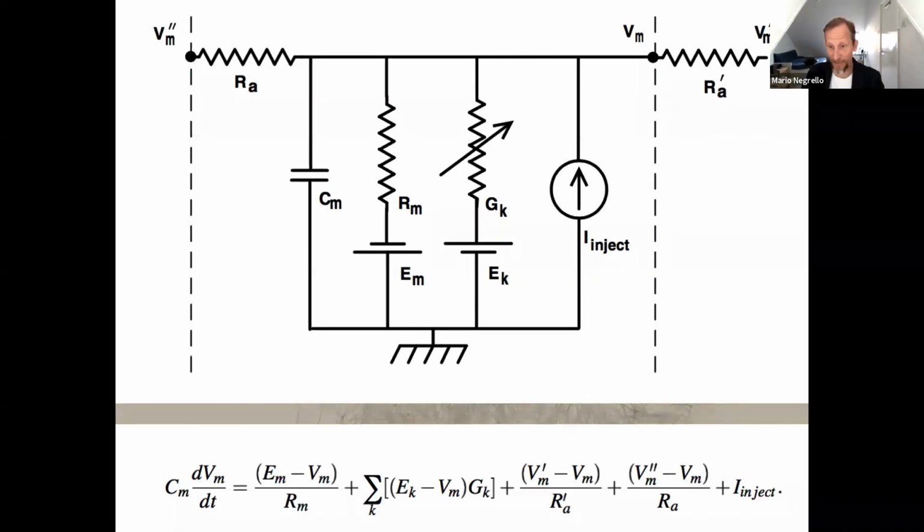So R prime A and RA are the axial resistances, and V prime M minus VM. VM is us, and V prime is the one to the right, and V double prime is to the left. These are the contributions coming along the axial dimension with the resistance, and that resistance is a known parameter.